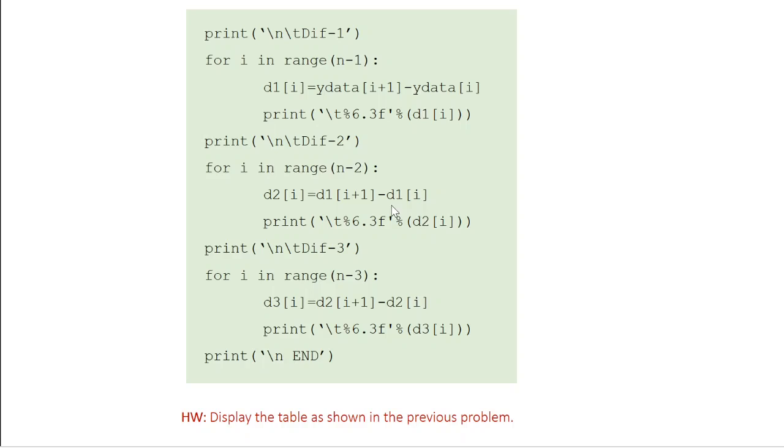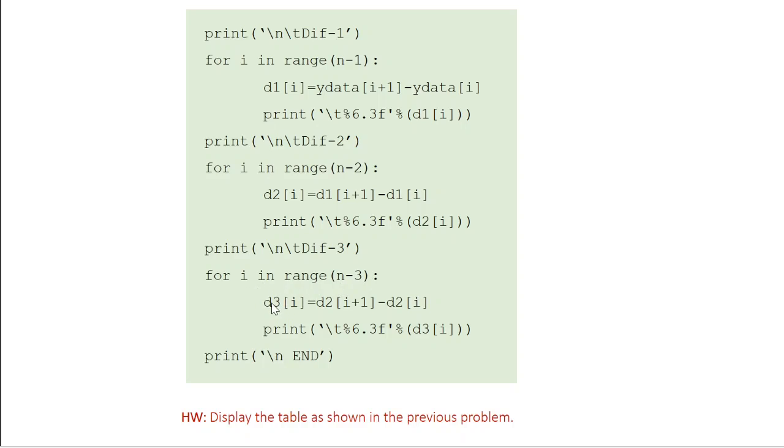Then you go to the third difference, which is your final column. You originally had 4 data pairs, which means your final column is going to be delta cube y, or third difference term. So title is diff3. So here you are going to have one element less. So for i in range n minus 3.